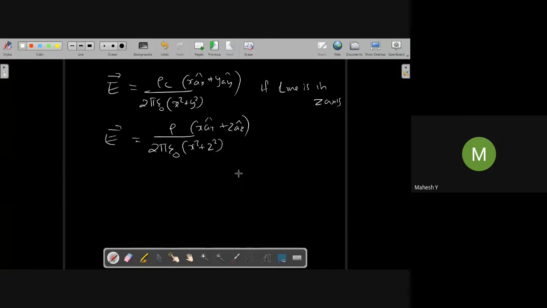In the sheet we had three conditions, right? Like that here also we may have three conditions if we are using Cartesian coordinate system. So in which case we are using this expression? Yes, if the line is in y-axis, correct. Then E is equal to rho L by 2 pi epsilon 0.